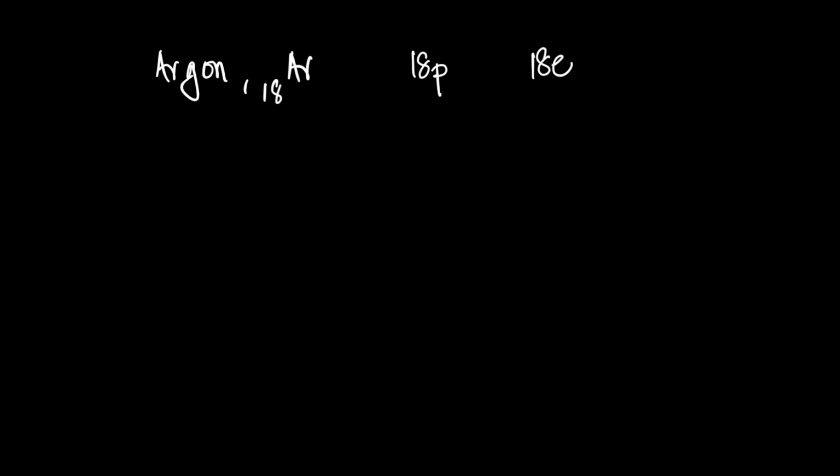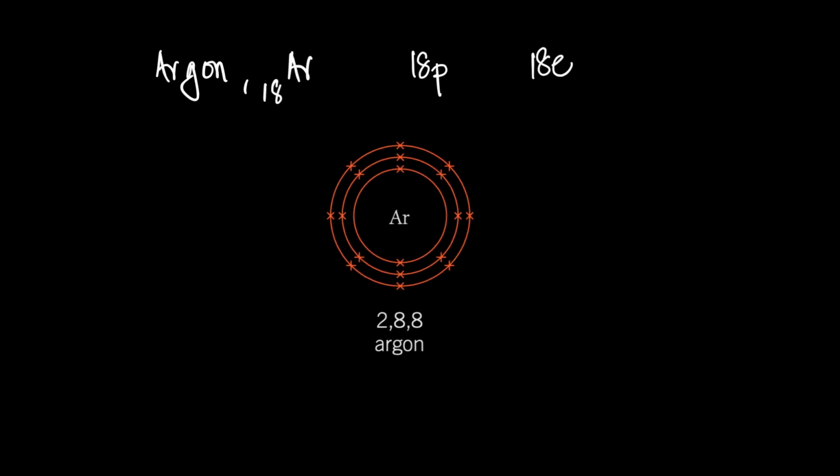And it would have 18 electrons, and this would be argon's 18 electrons spread out. 2 in the first shell, that's 2. 8 in the second shell makes it 10, and the remaining 8 go in the last shell. So here, uniquely, all 3 shells are, you could say, full in a way. The first shell has 2, the second shell has 8, and the third shell also has 8. And that's how you fill this one out.